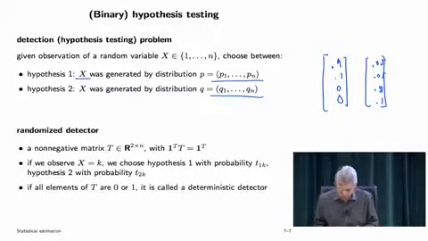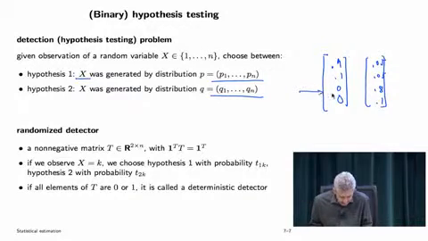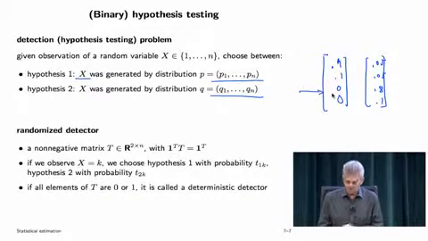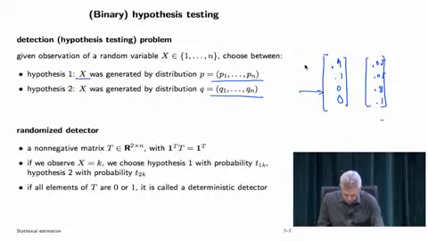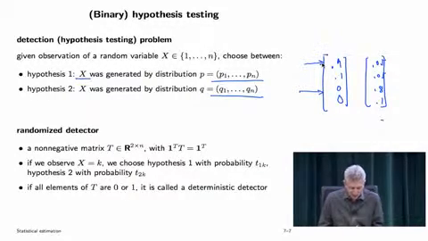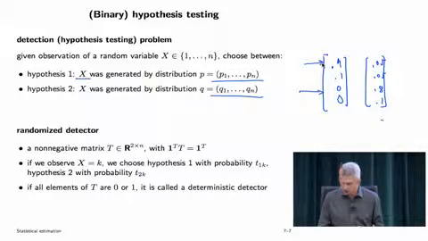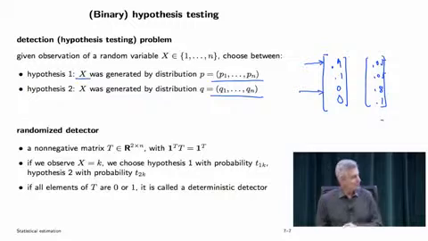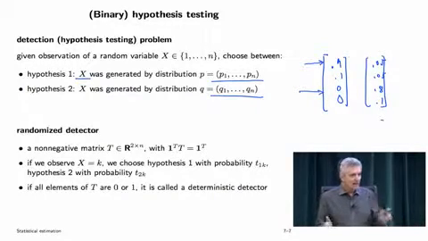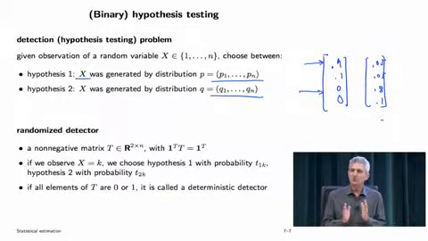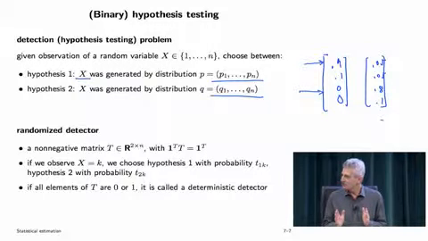If in fact what you observed was, say, this one, then you can say with absolute and total certainty that it was this distribution that generated it, right? If your observation was capital X equals 1, you could say with very good confidence that it was generated by the first distribution. Everybody see this, right? And in fact the whole idea here is as the two distributions get closer together, this gets harder to do.